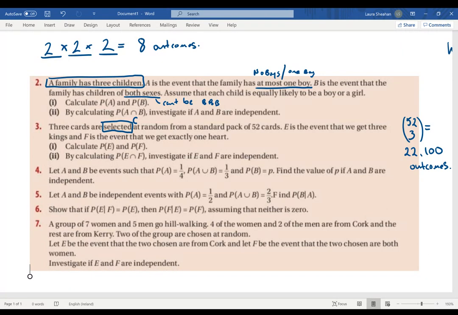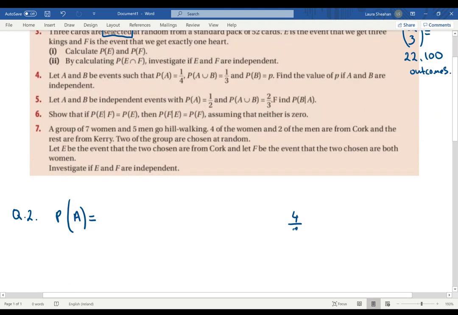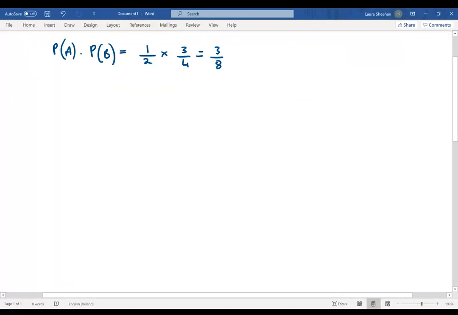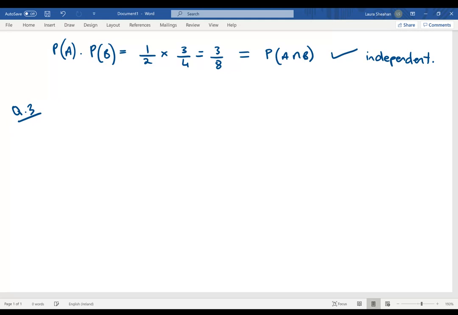E is the event that we get 3 kings, and F is the event that we get exactly 1 heart. I'm asked to calculate P(E) and P(F) and then find the intersection to investigate if they're independent. So for question 3, I have that 52 choose 3 is already 22,100.